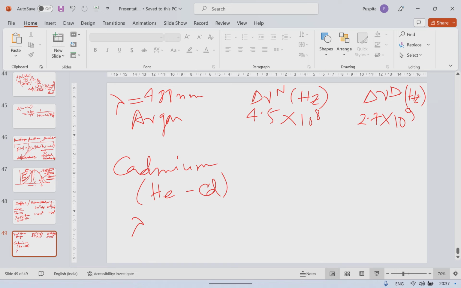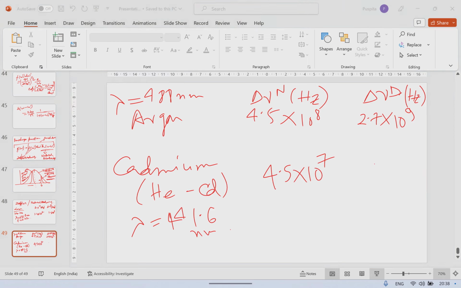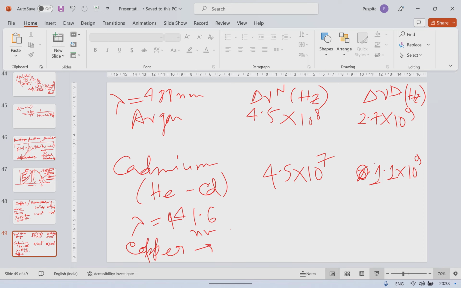cadmium has lambda 1.6 nanometer. To the power 7, and it is, okay, 1.1 into 10 to the power 9. Another laser medium is copper, and for that lambda is 510.5.